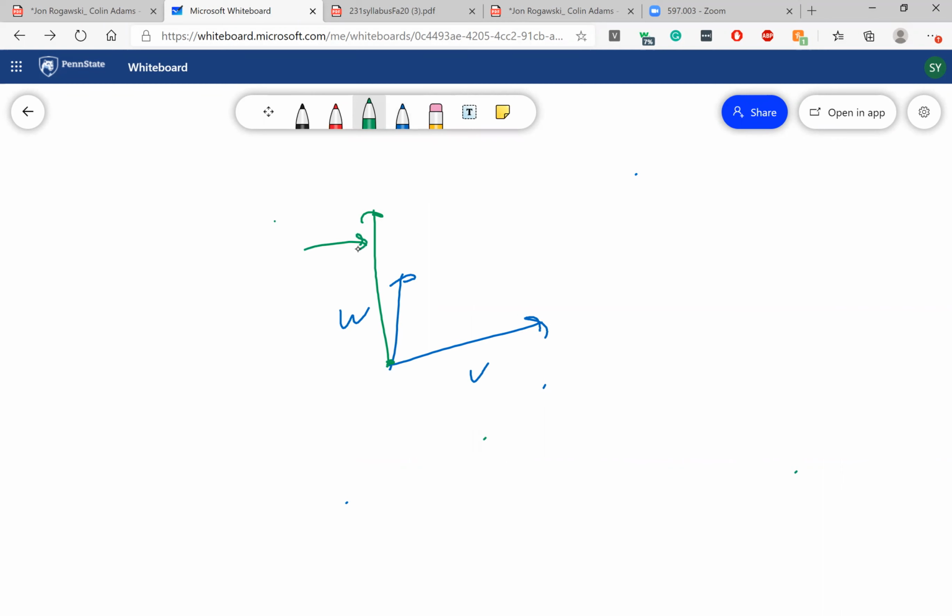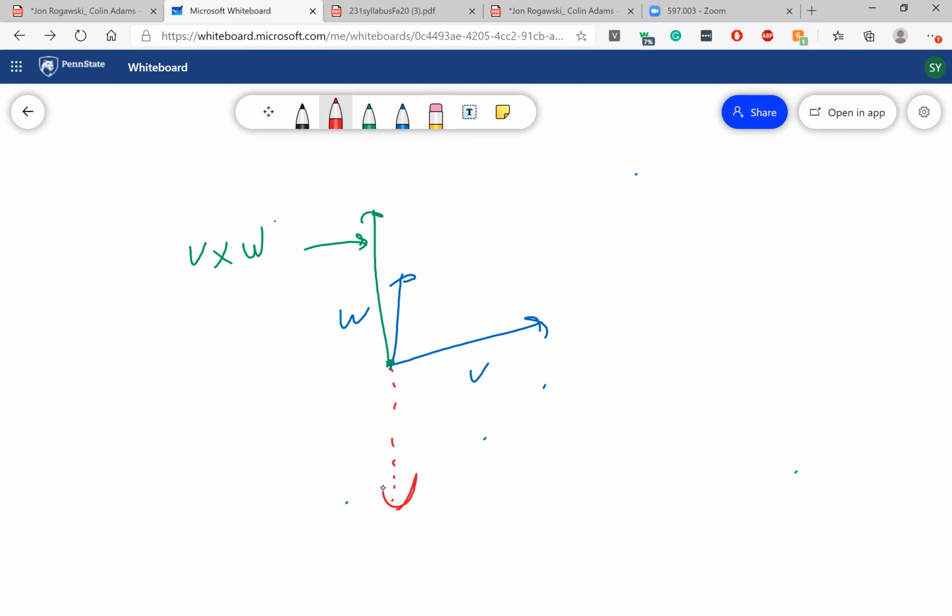So this is going to, let's say, be the cross product v cross w. Now, we can end up with two different vectors, either this one or this one. And it is useful to know which vector we end up with.